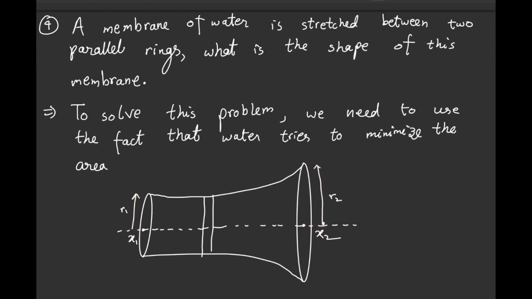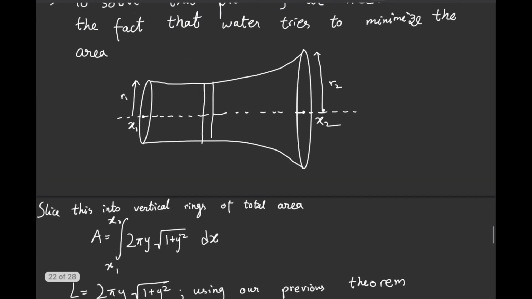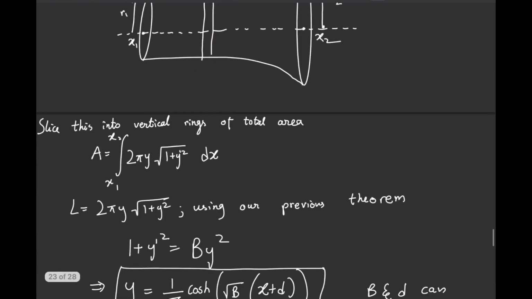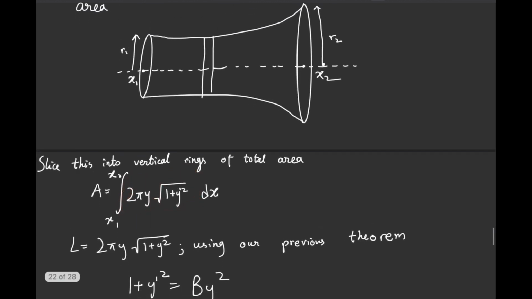To solve this problem, the fact we need is that water always tries to minimize its area due to surface tension. So we need to find the shape for which the curved surface area is minimum. So let us slice this into small vertical rings, each of area 2 pi y root 1 plus y dash square.